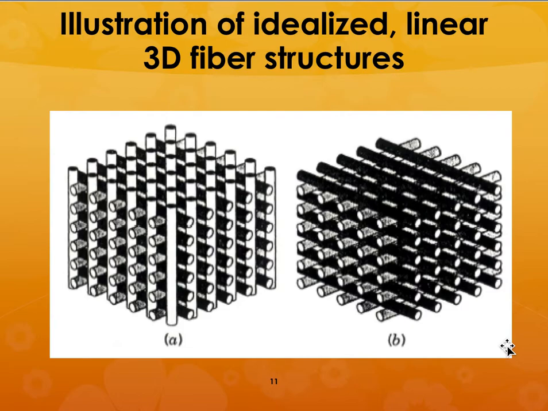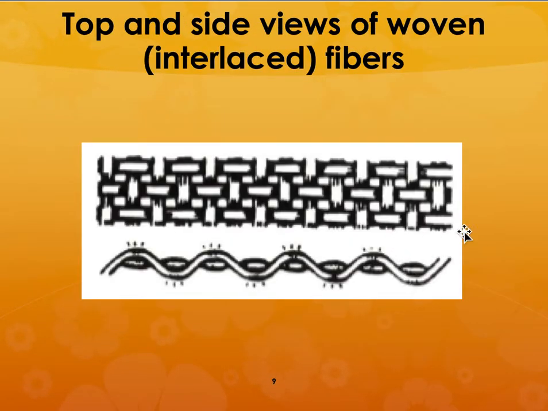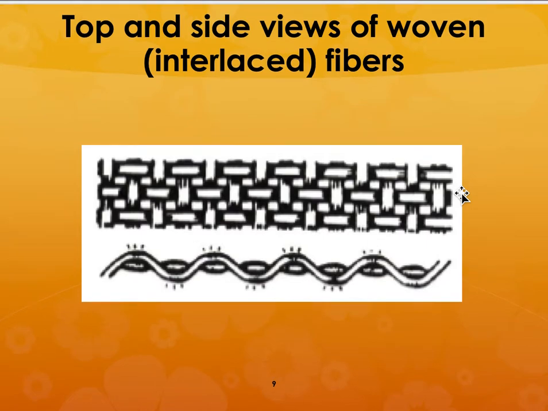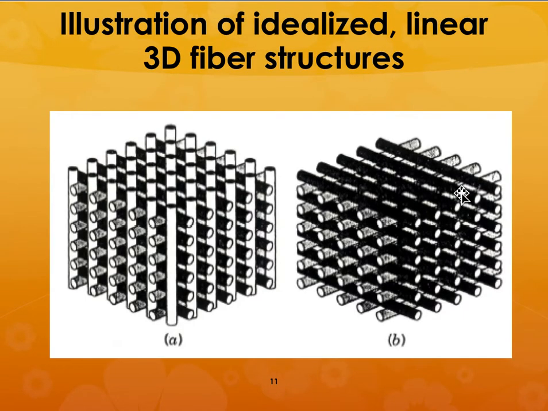This would be the most ideal, but in order to create this fiber bundle, it is going to be extremely difficult. So the easiest thing to do would be to have a mat like this and stack up those matted layers, one on top of the other with the fibers in different orientations.